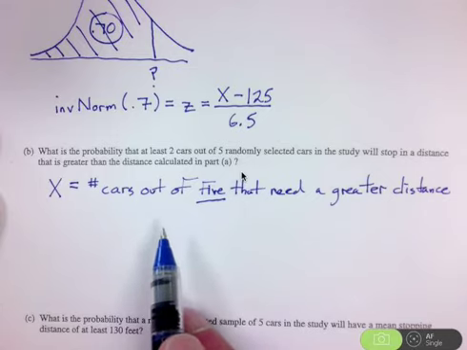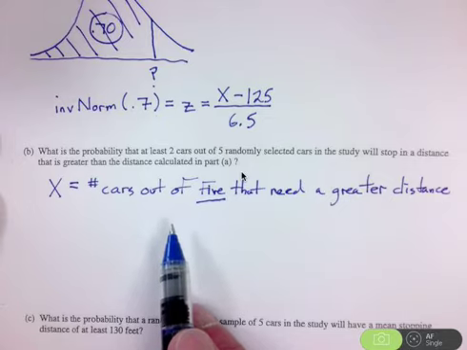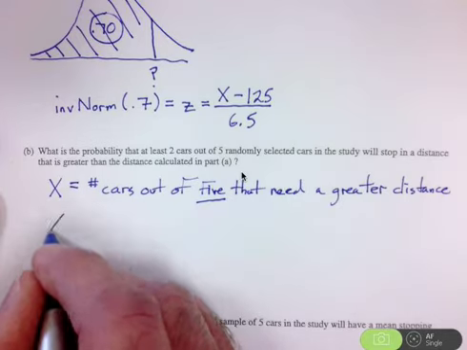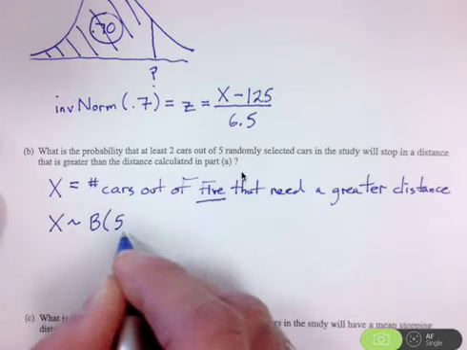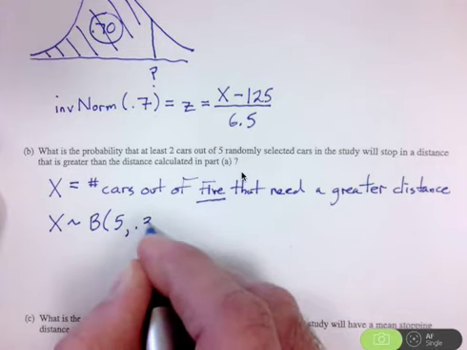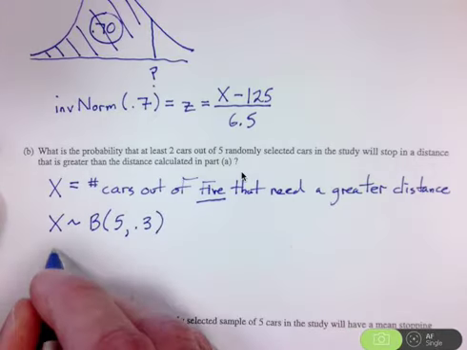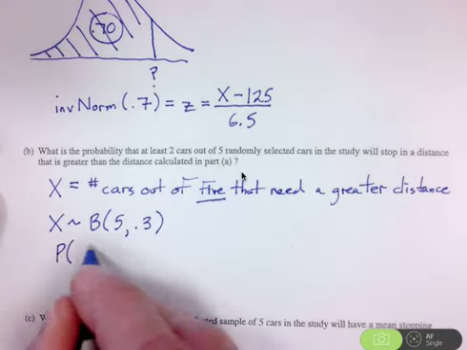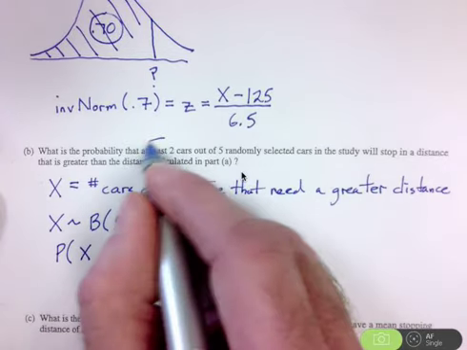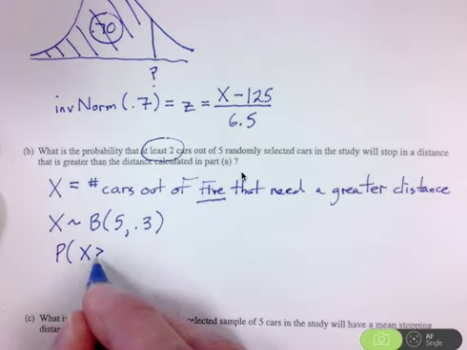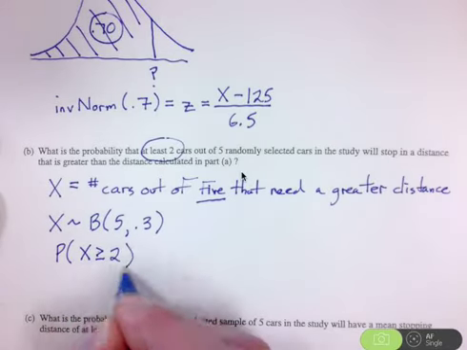Now, you didn't have to write about those conditions here, but the truth is we can act as if that is approximately true. So understand, x is distributed binomially with 5 trials and a success probability of 0.3. So your job is to find the probability that x is at least 2. So at least 2 is greater than or equal to 2.